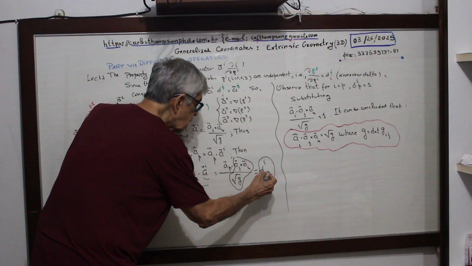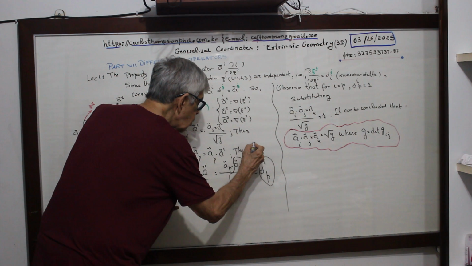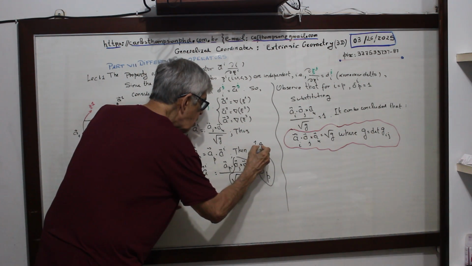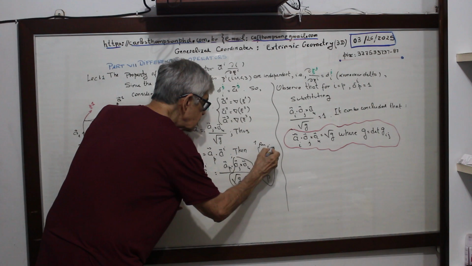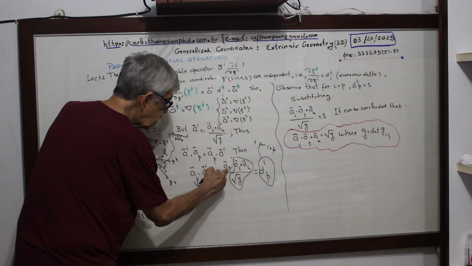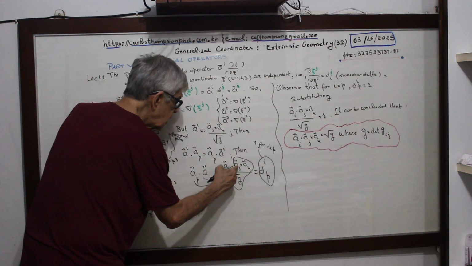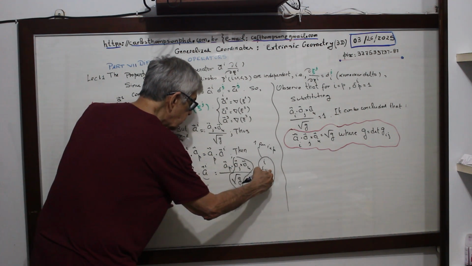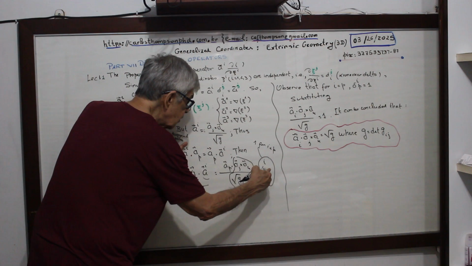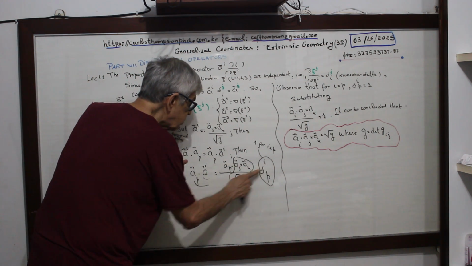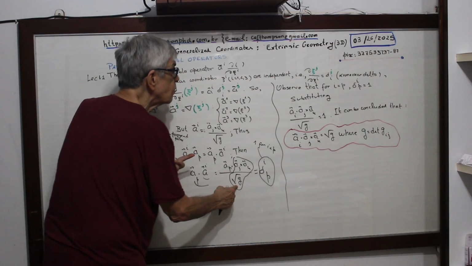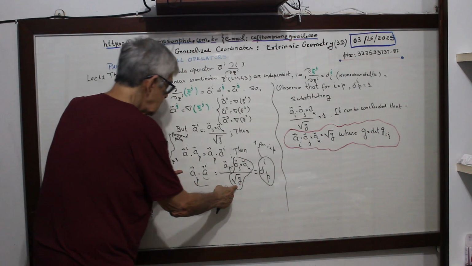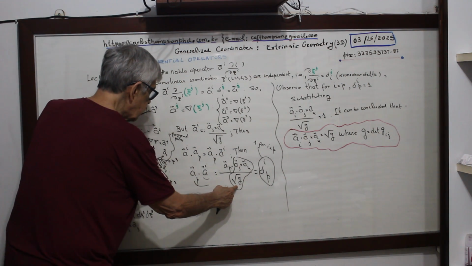Because this will be 1. This will be 1 for I equal to P. So this will be AI dot AJ cross AK. So this will be 1. Look how interesting. If this is 1, I can multiply this 1 by square root of G. See? It's simple. Very, very simple.